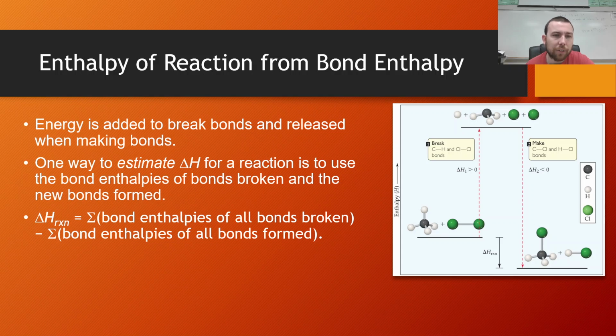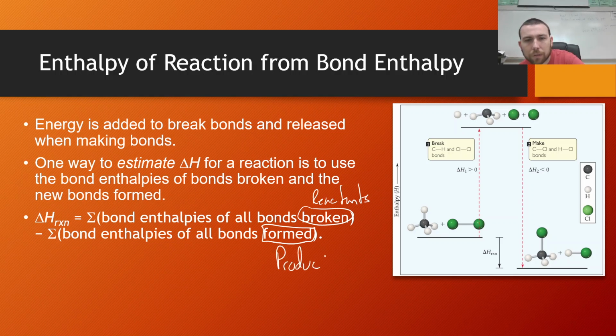And so delta H of reaction is going to equal the sum of the bond enthalpies of the bonds broken, aka reactants, minus the sum of the bond enthalpies of the bonds formed, aka products, right?